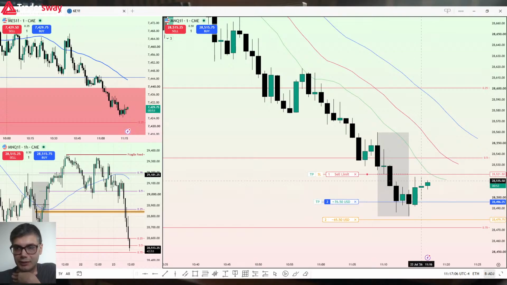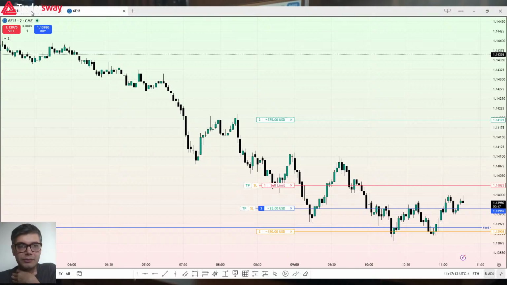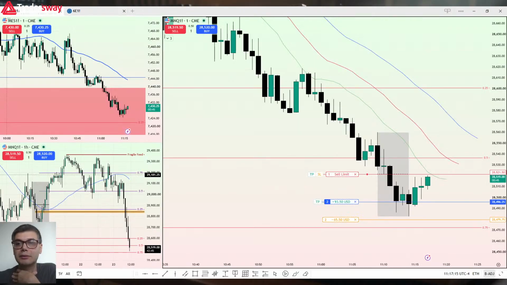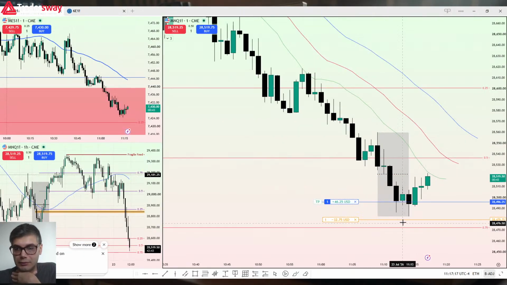Now look at these candles. Passive sellers are still in the game. Let's look at my euro trade, still lingering in that area. All right, that trade is free.